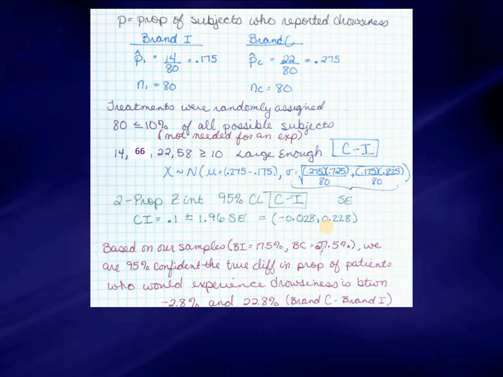Good. I'm seeing a lot of people nodding. I see a couple people writing it in. Make sure you do that, because it's not just the proportion. If the proportion is between these two things, I got a big mistake because I got a proportion that's negative. Differences can be negative. So the difference in proportion of patients who reported drowsiness or who would experience drowsiness is between, and again, in your conclusion, make sure you're identifying which direction you're subtracting in.